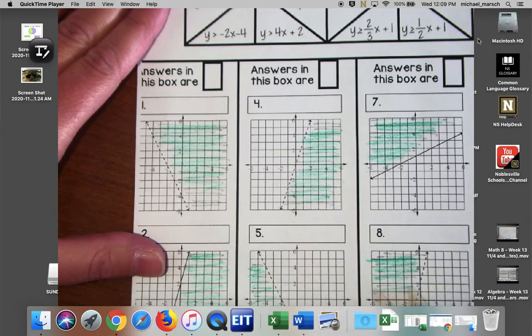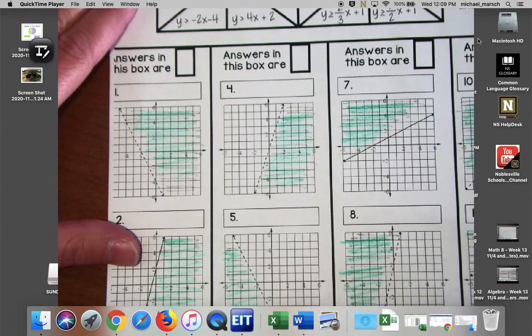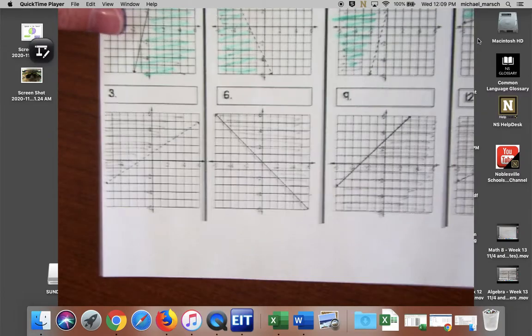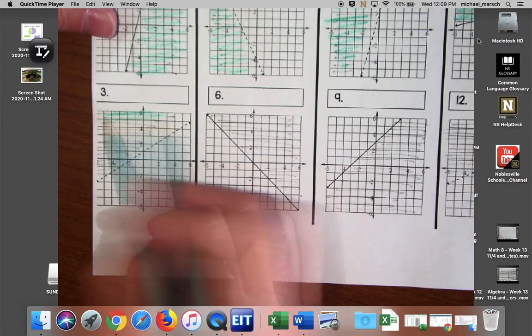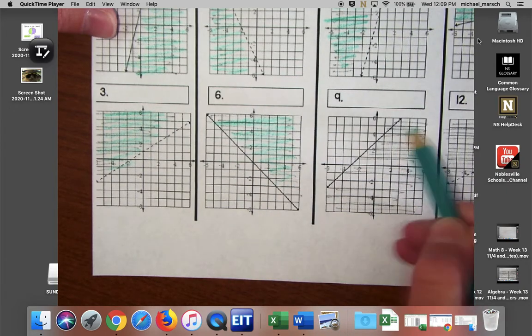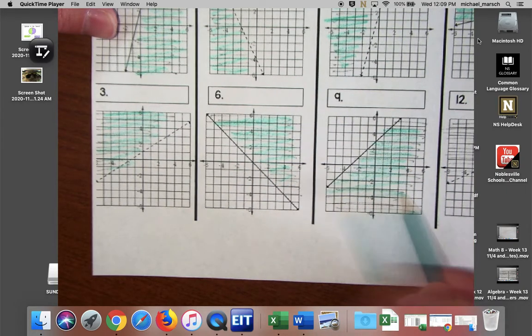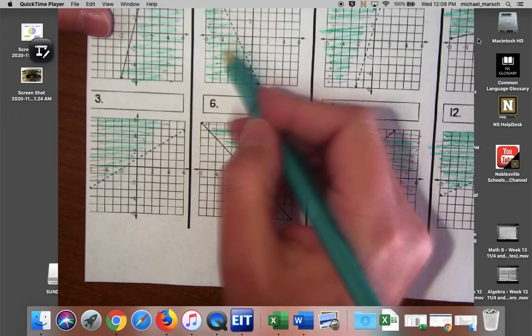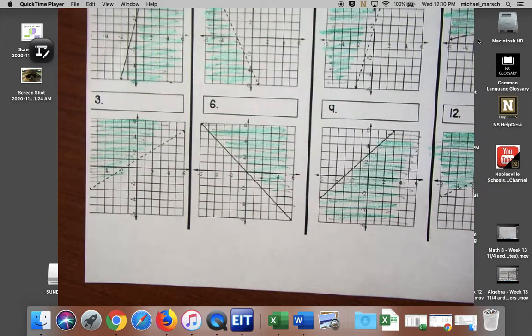Just help yourself out and shade these. This is a good start for this side. Okay, so you don't have to overthink it. When you look at the graph, you'll be able to tell exactly which parts were shaded.